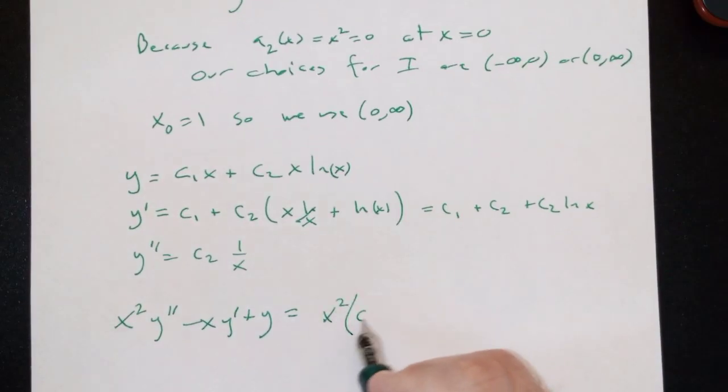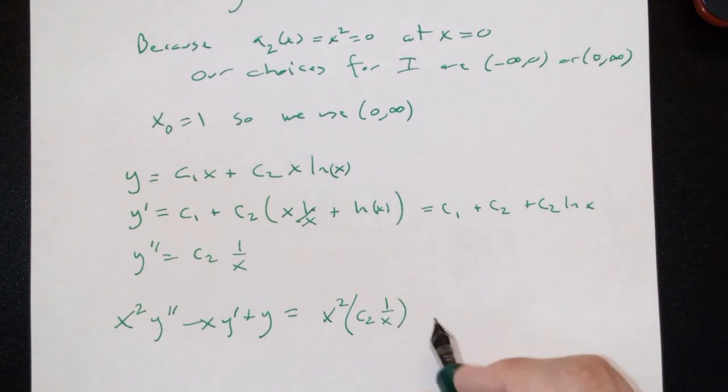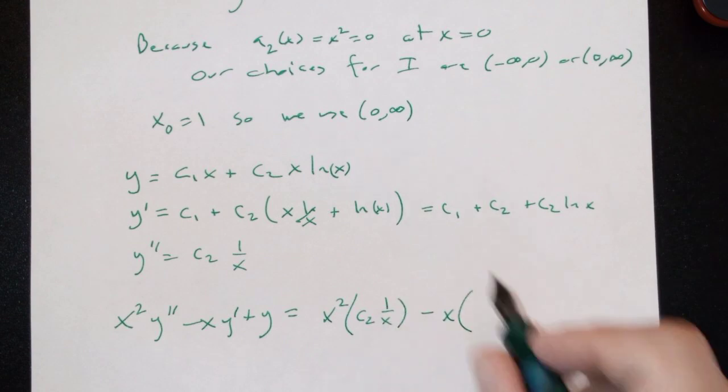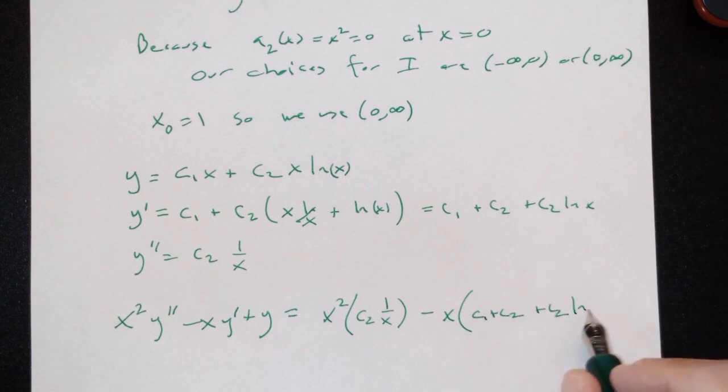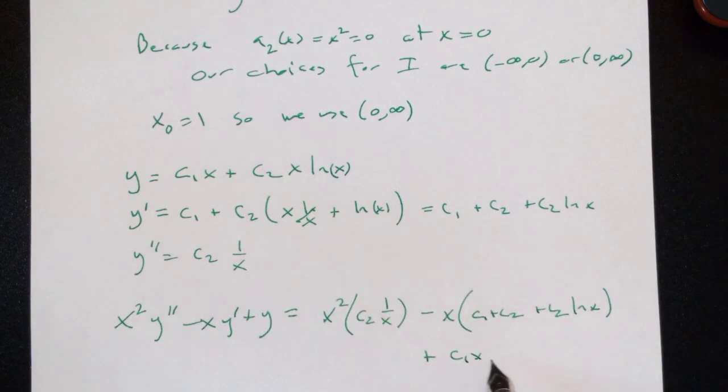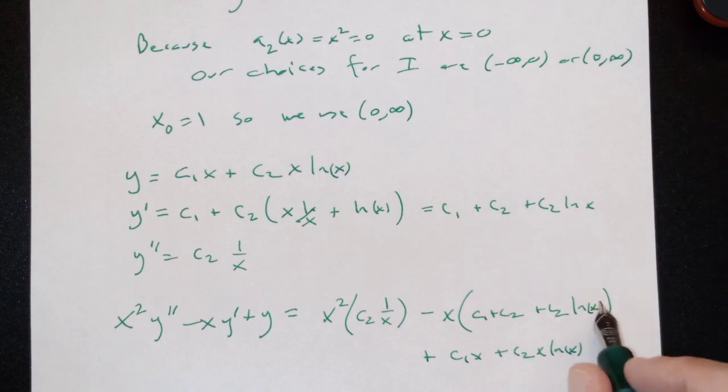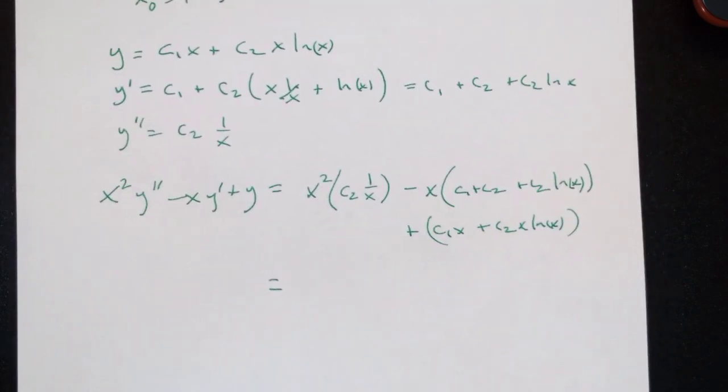x squared times C2 times 1 over x, minus x times (C1 plus C2 plus C2 ln x), plus the original y, C1x plus C2x ln x, equals. Algebra simplifying.